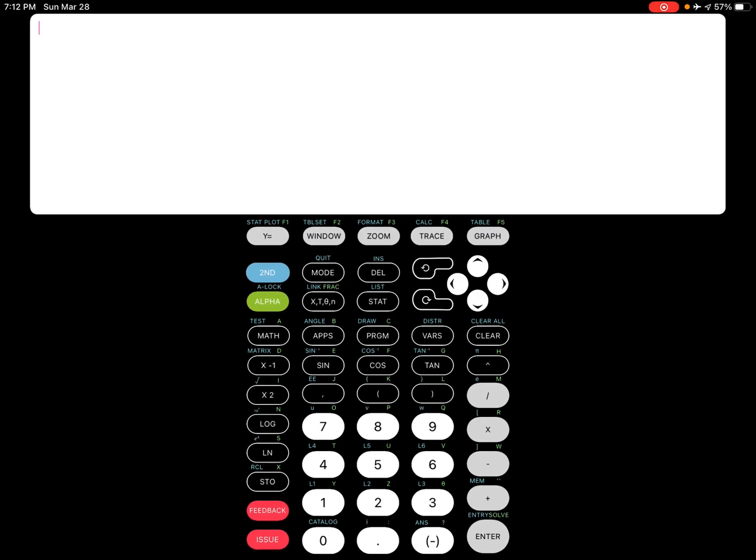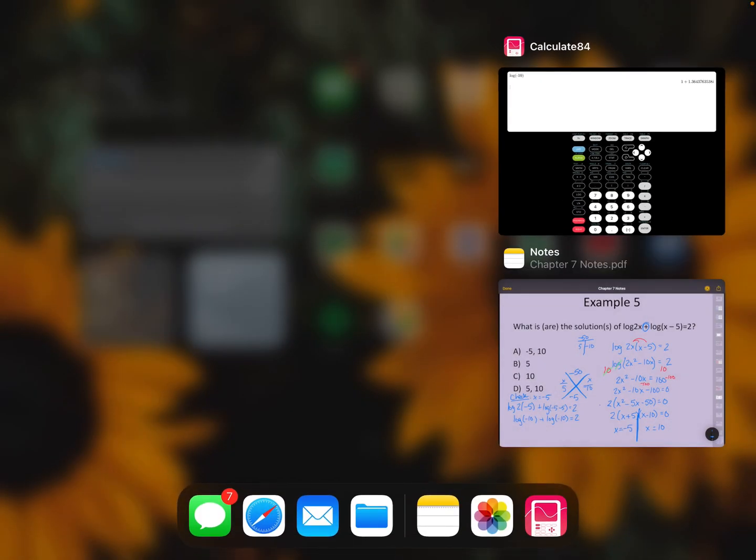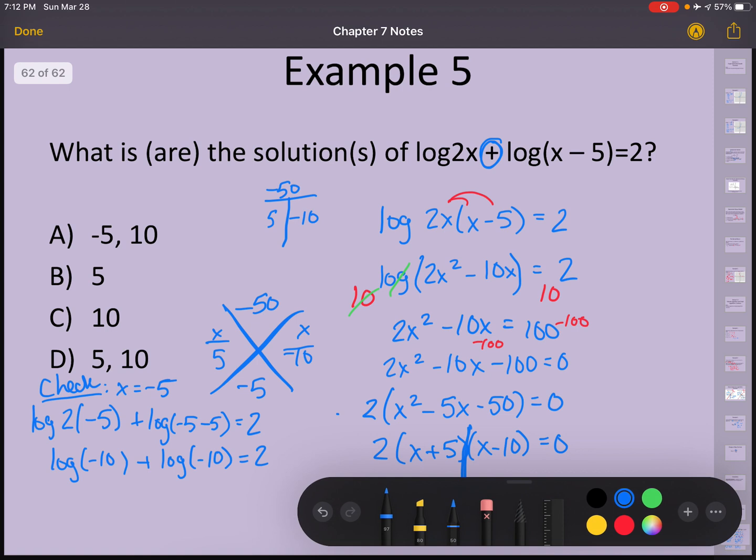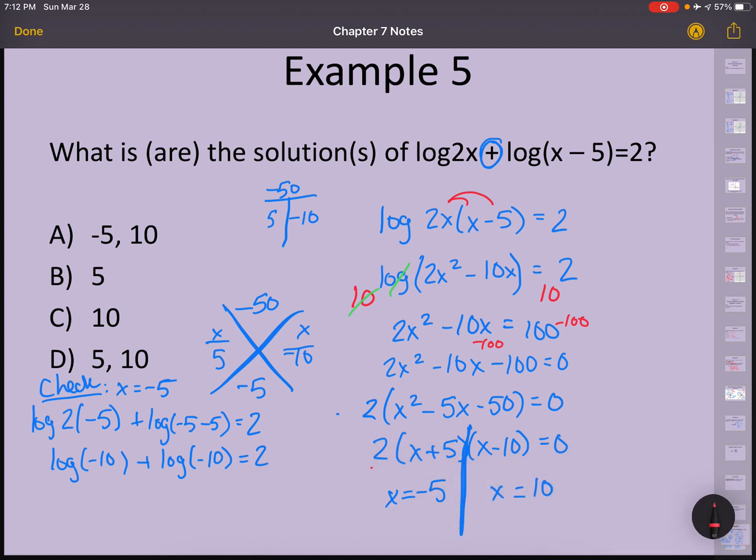Log of negative 10. Okay, and because I get this i, which you might not in the normal school calculator, this i is imaginary, so that means that it's not defined in the real numbers. So I can't use x as negative 5.